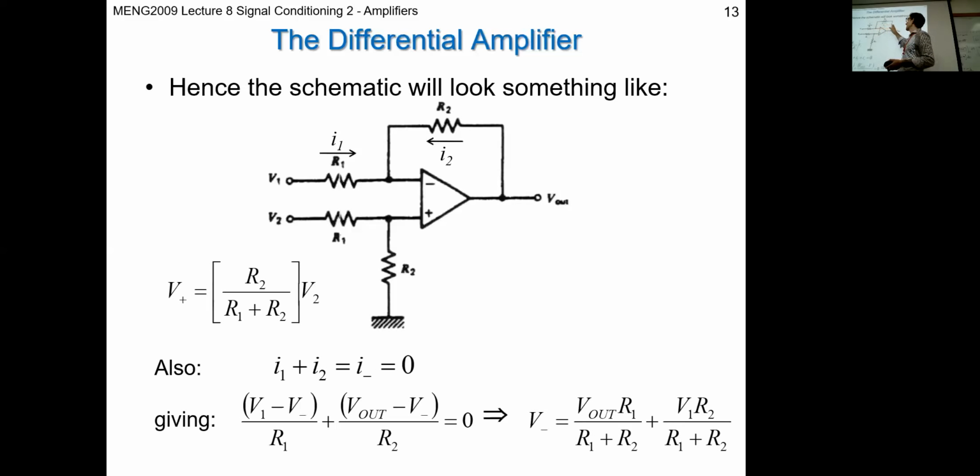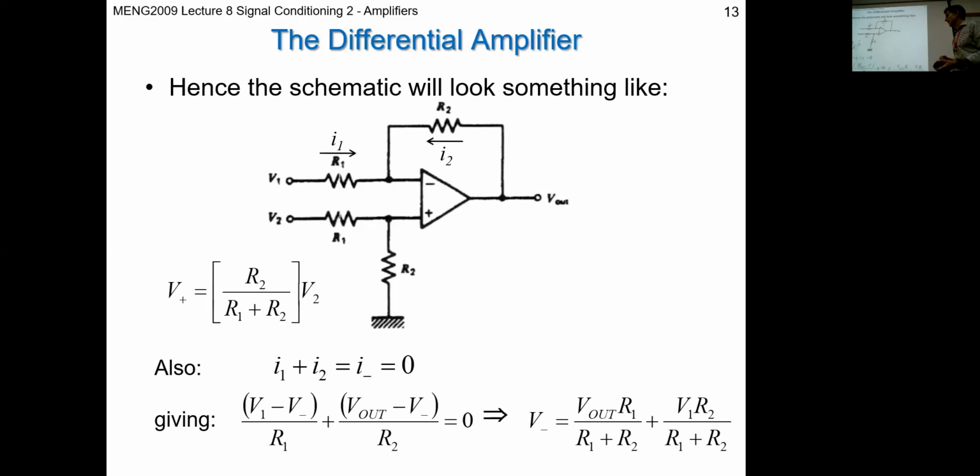That's the voltage drop across this resistor, divided by the resistor R2. So I2 is V out minus V negative over R2. And I1 plus I2 equals 0.